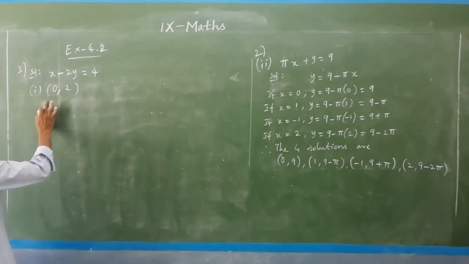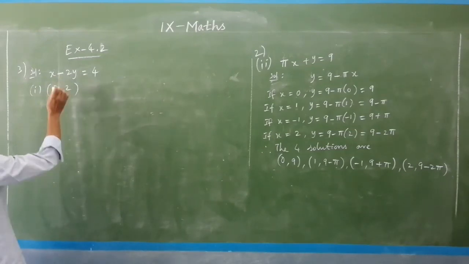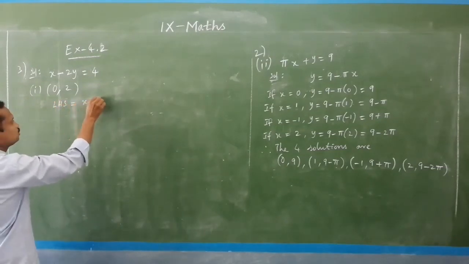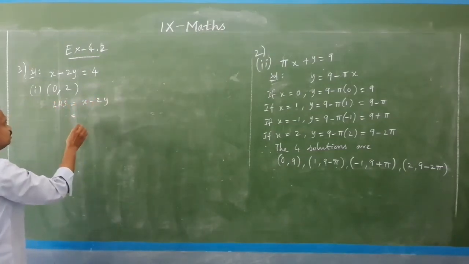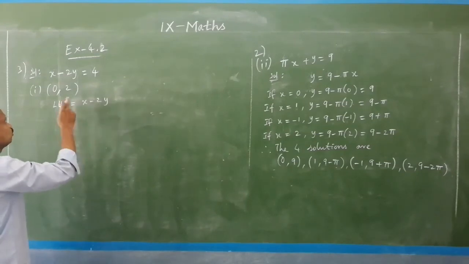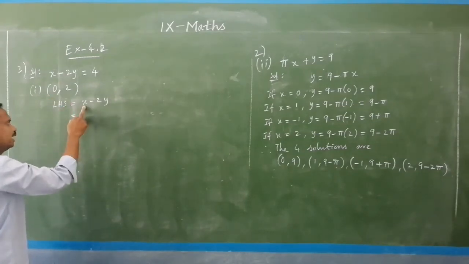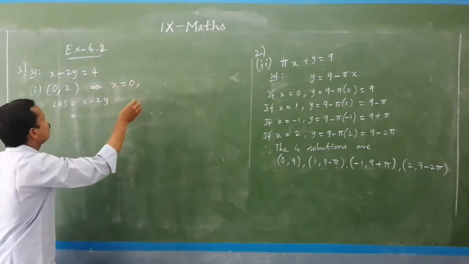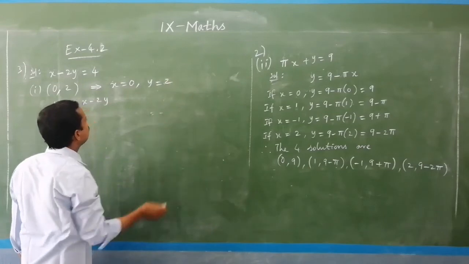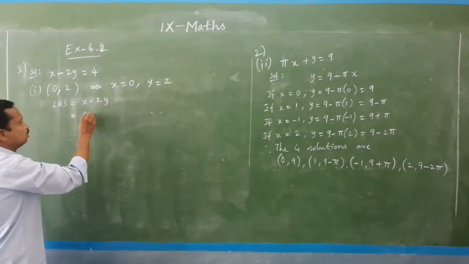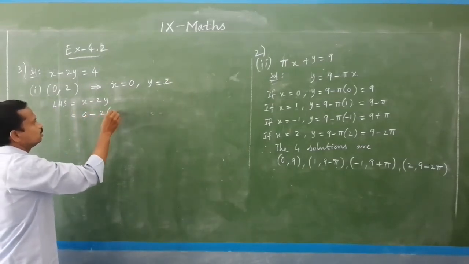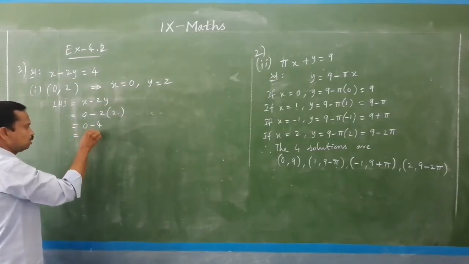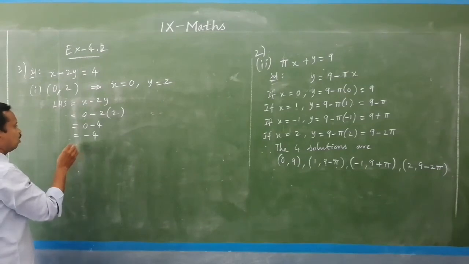So, LHS of the equation is x minus 2y, and we find the value of x minus 2y. Substitute x equal to 0, y equal to 2. So, 0 minus 2 into 2, and you get 0 minus 4, which is nothing but minus 4, but RHS is 4.